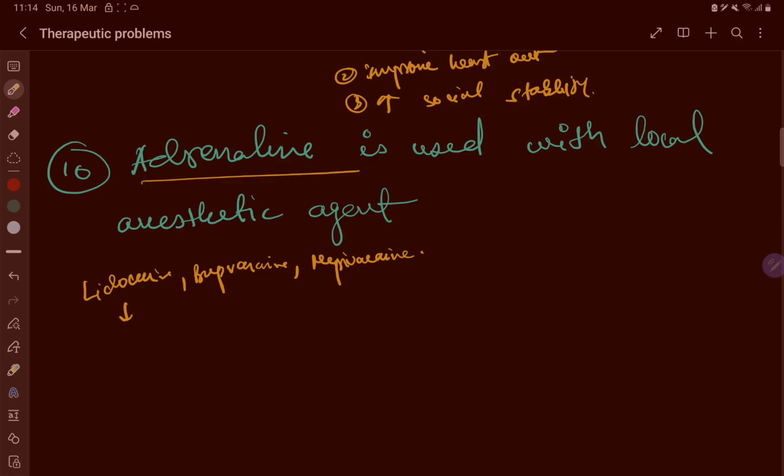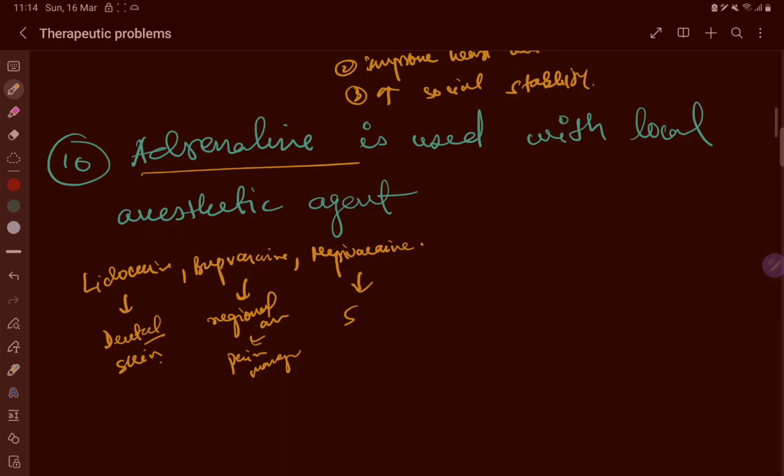Adrenaline with lidocaine is used for dental anesthesia and some skin surgery. With bupivacaine, it is used for regional anesthesia and pain management. For mepivacaine, it is used for skin biopsy and minor surgery.